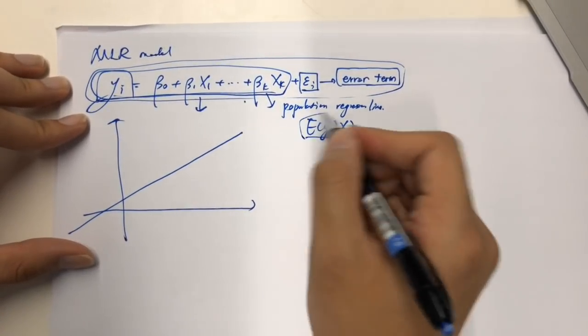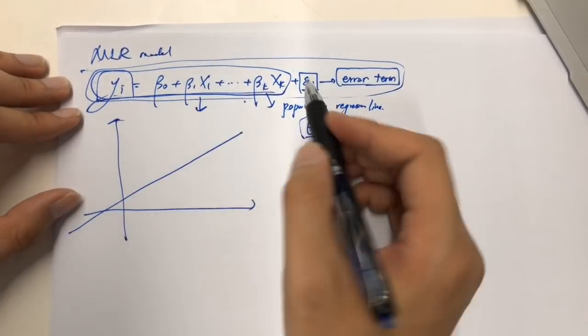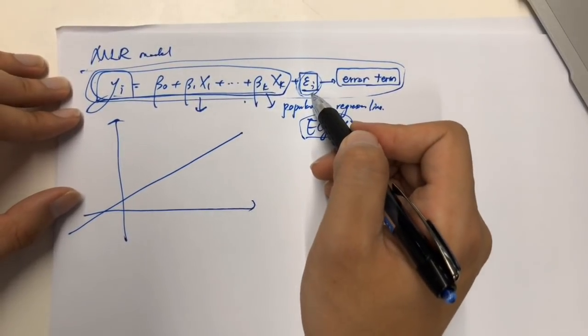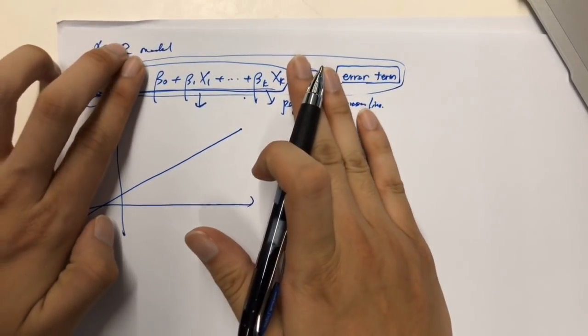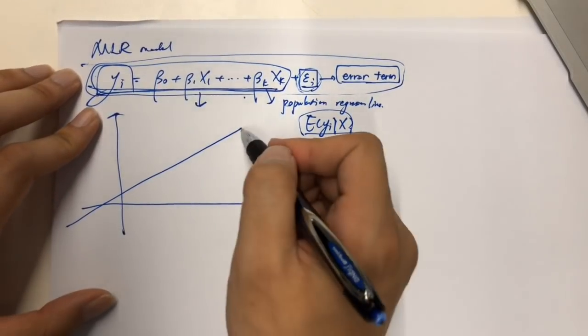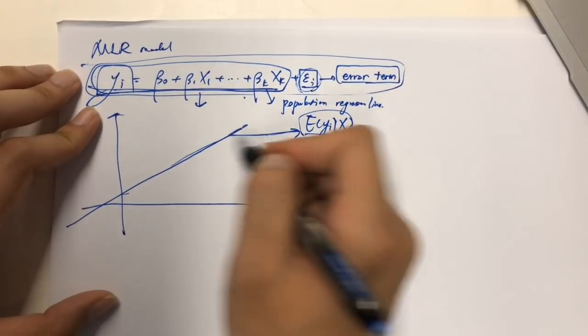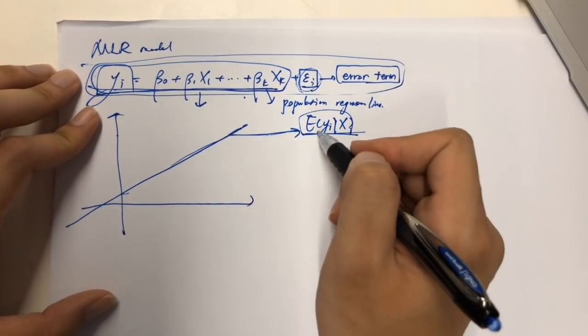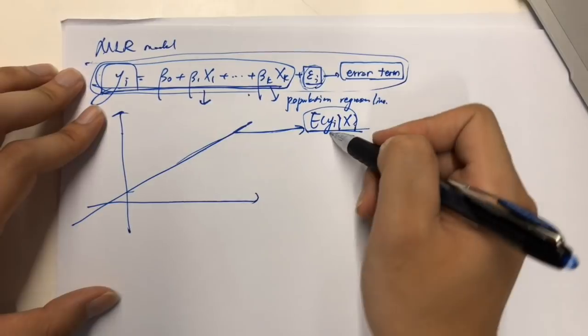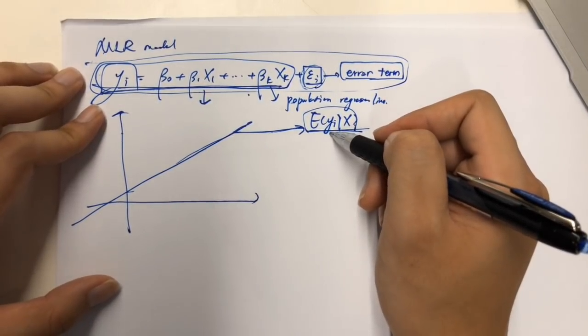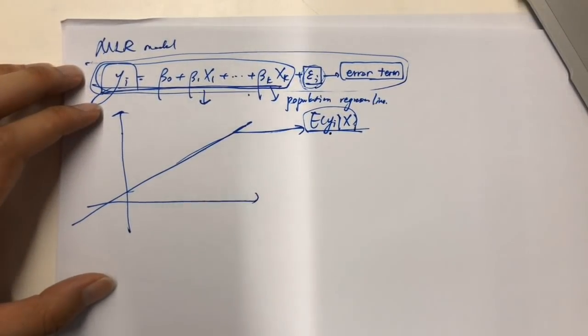When you take the expectation, the error term has a mean of 0, so it's just this straight line. Every y value on the straight line is this conditional expectation of y.